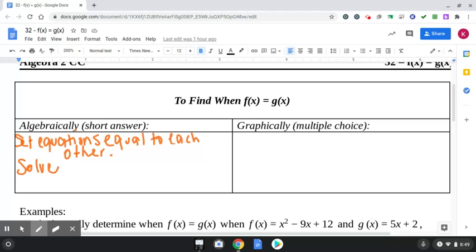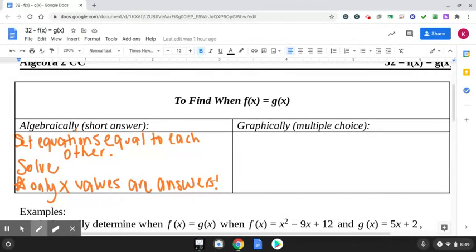And what's different about f of x equals g of x than the systems that we were solving before is that only x values are your answers. If it says solve the system, then you need x and y. But if it says find when f of x equals g of x, then it's only the x.